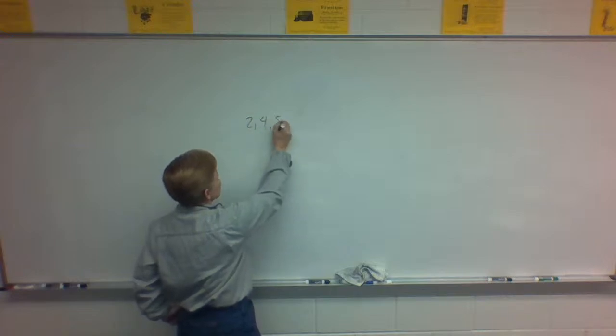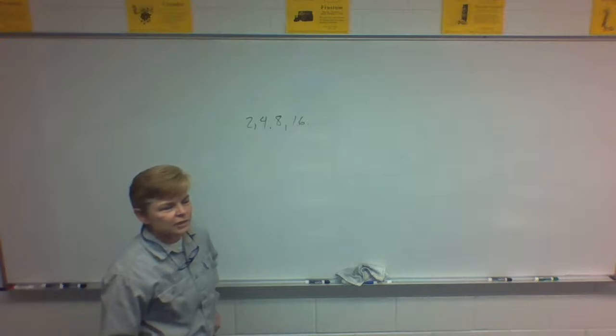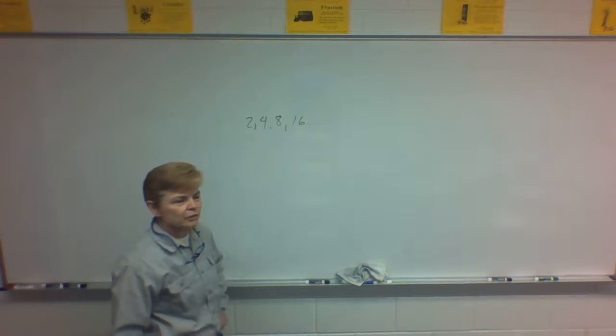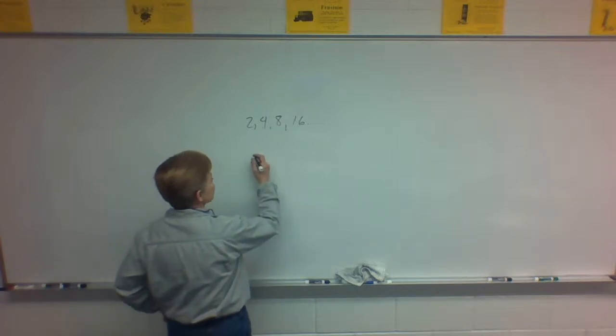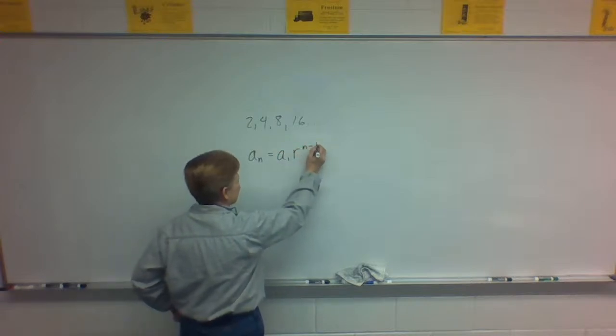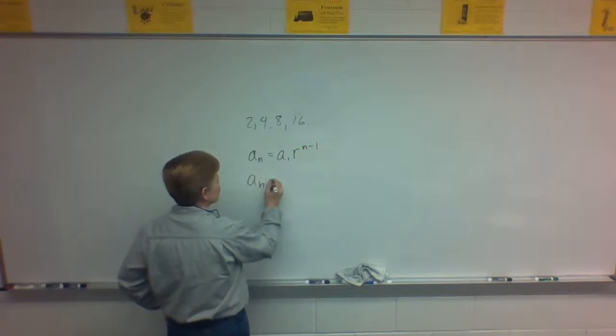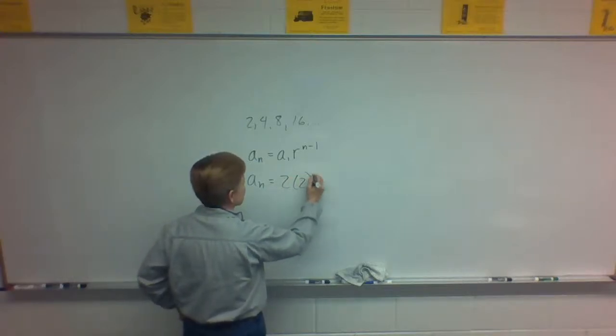2, 4, 8, 16. Find a rule for the nth term. What is it? You have to decide that first. Arithmetic or geometric? Geometric. What is the formula for the nth term of a geometric sequence in general? It's a1 times r to the n minus 1. How does that work for this one? 2 times 2 to the n minus 1.